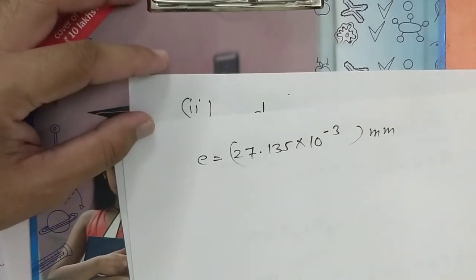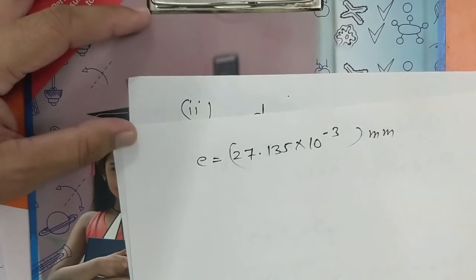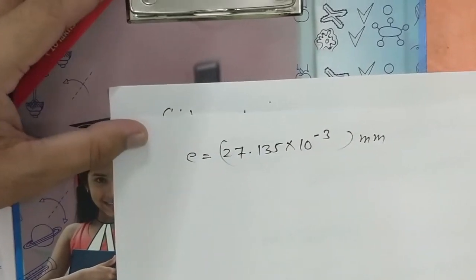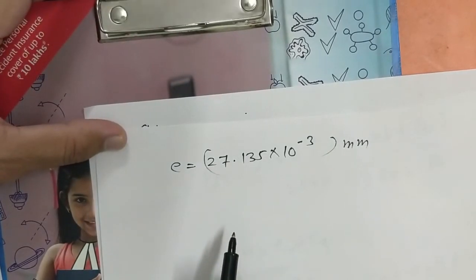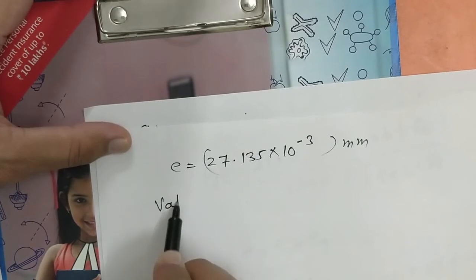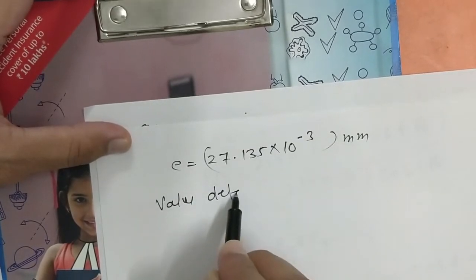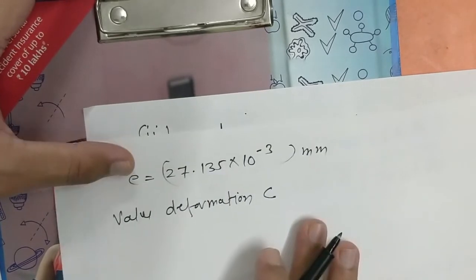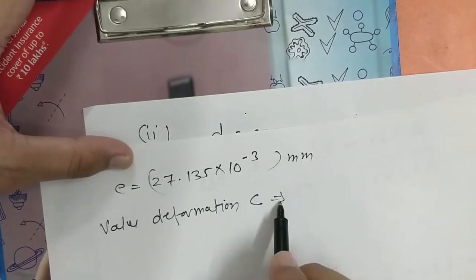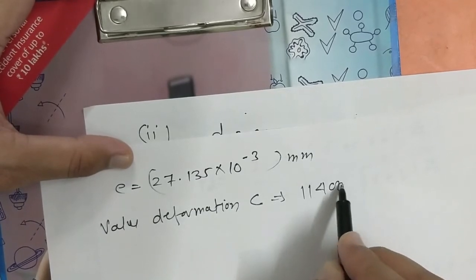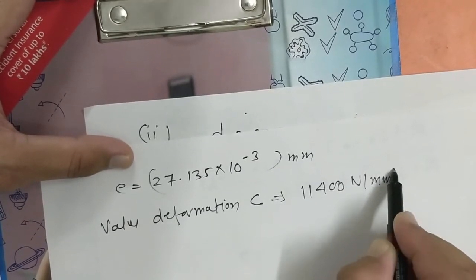And deformation factor C can be taken from the table. So the value of deformation factor C from the table is 11,400 Newton per mm square.